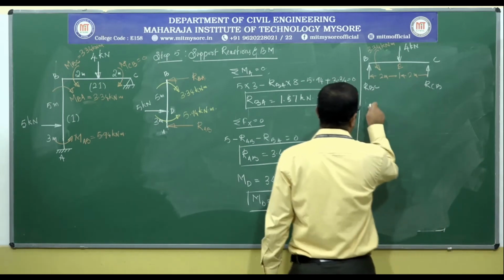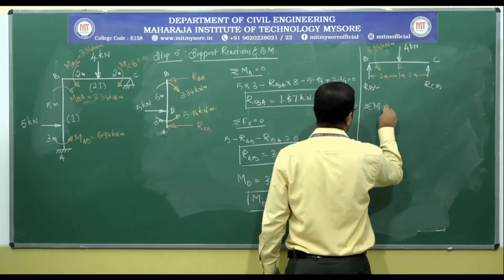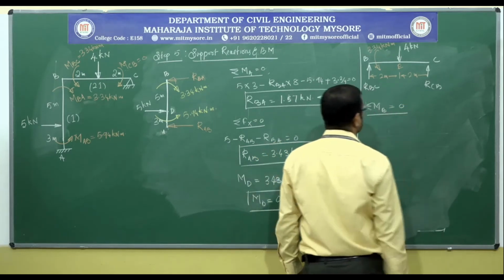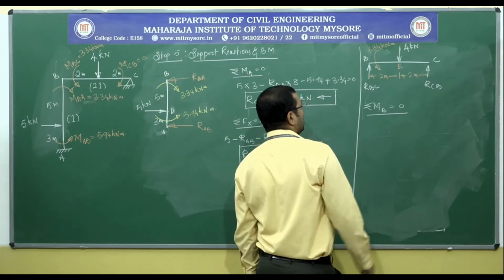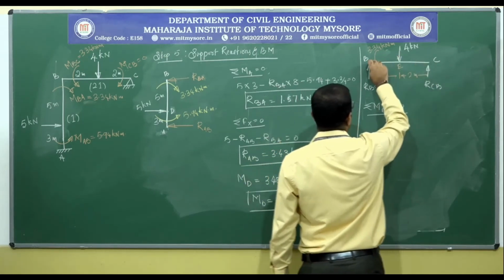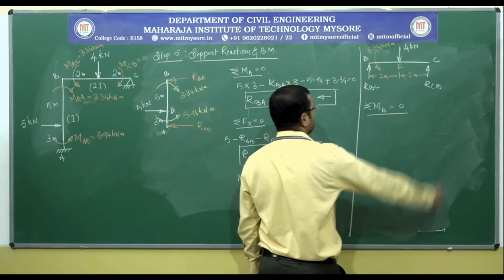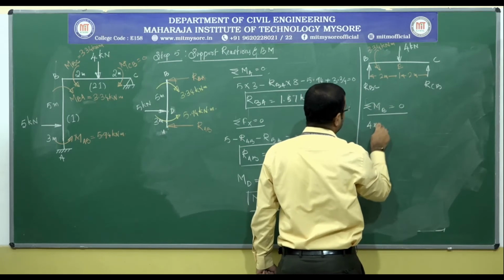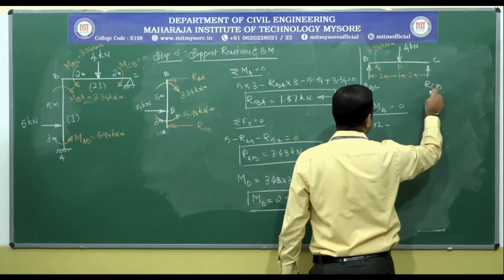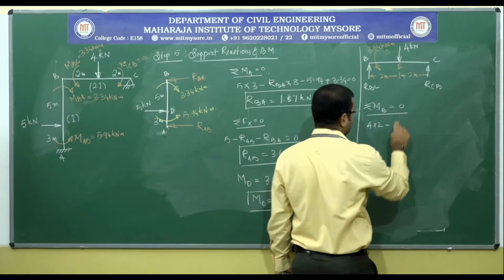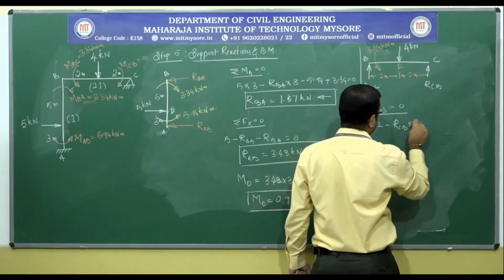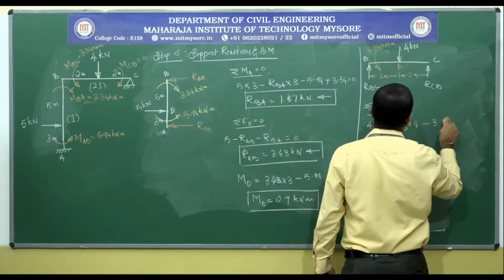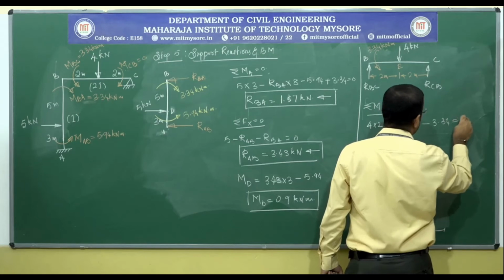So what I will do, I will impose the equilibrium conditions again. So the algebraic sum of moments at B must be equal to 0. So what I need to do here is take the moment of all the forces about B and equate it to 0. So this force is creating a clockwise moment about B. So it is 4 into 2, minus this support reaction is creating an anticlockwise moment, so RCB into 4, minus we have this anticlockwise moment, that is 3.34, equals 0.